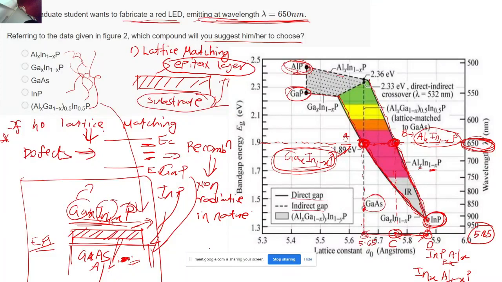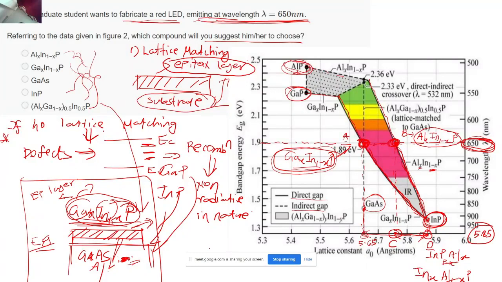The lattice constant of this epitaxial layer is 5.65, and the lattice constant of the substrate itself is near 5.65. So I got a good lattice matching that will ensure there will not be a large number of defects present. That means my LED will be efficient because of fewer defects.